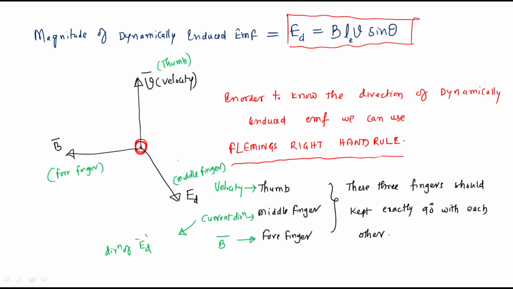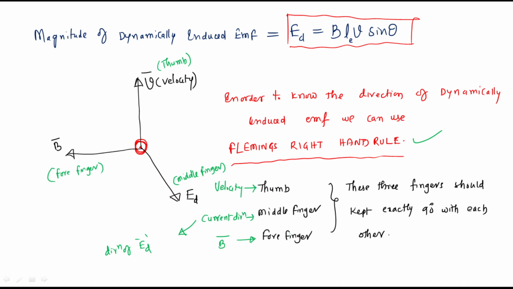Between V and ED we have 90 degrees, between V and B 90 degrees, and between B and ED 90 degrees. So what is this law? That is Fleming's right hand rule. Thumb represents velocity, middle finger represents current direction, forefinger represents the magnetic flux density.